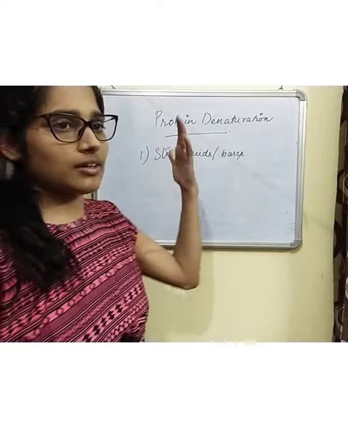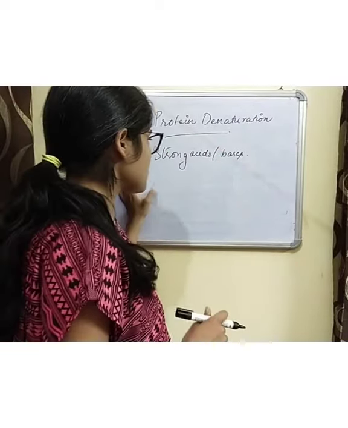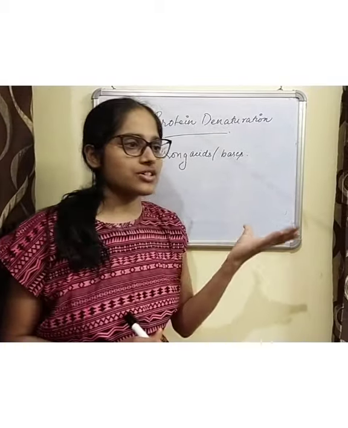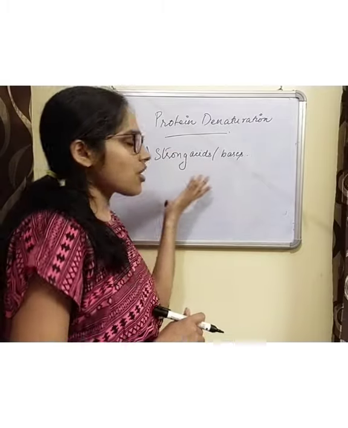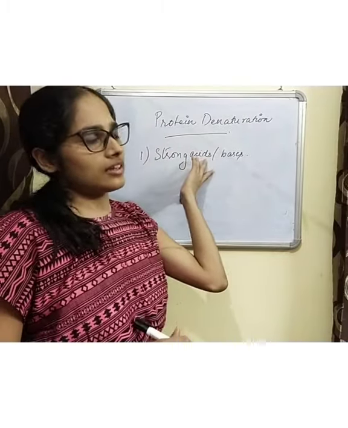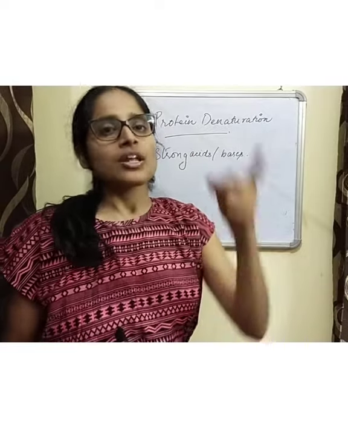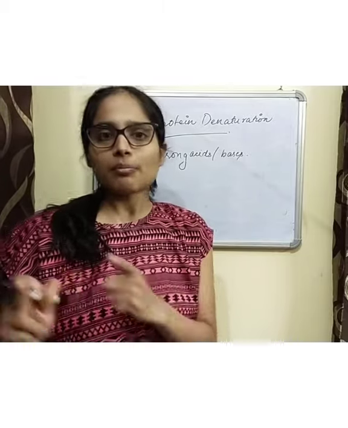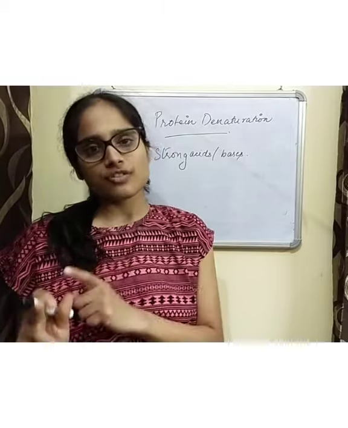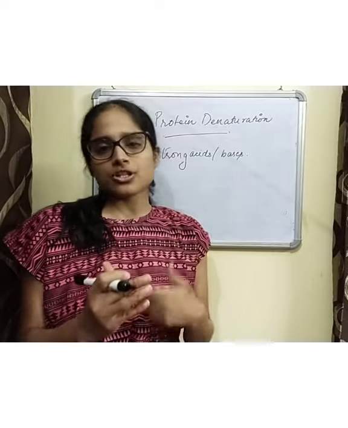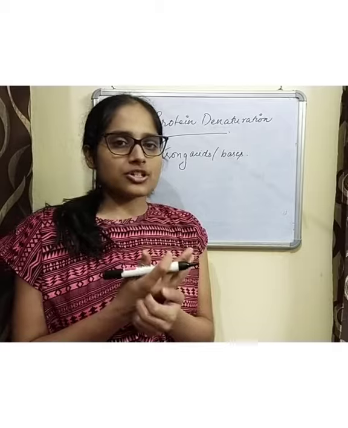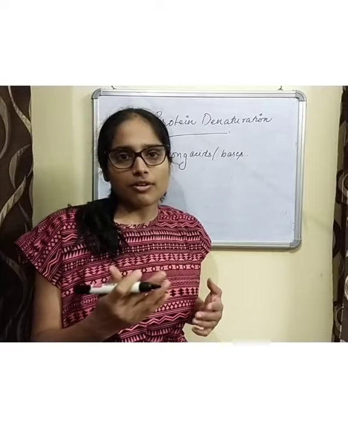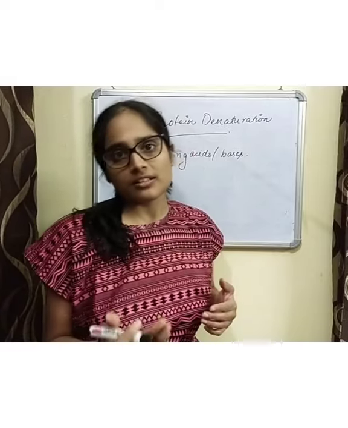Now coming to the denaturing agents, the first is strong acids or bases. How do these strong acids or bases lead to denaturation? Because of their presence, there will be a change in pH. The change in pH will further lead to protonation or deprotonation of the R groups, or the side chains, of the amino acids, which ultimately will lead to damaging of the hydrogen bonds, ionic interactions, van der Waals interactions, or hydrophobic interactions as well.